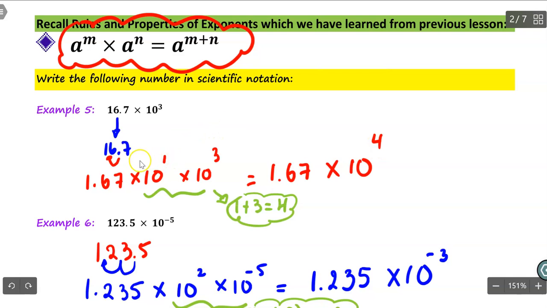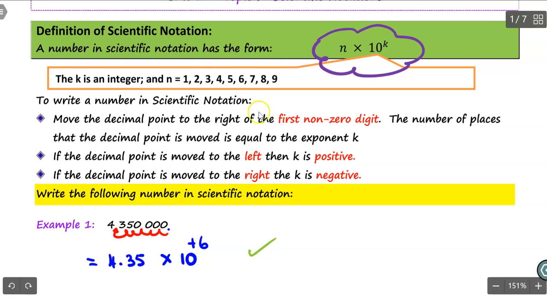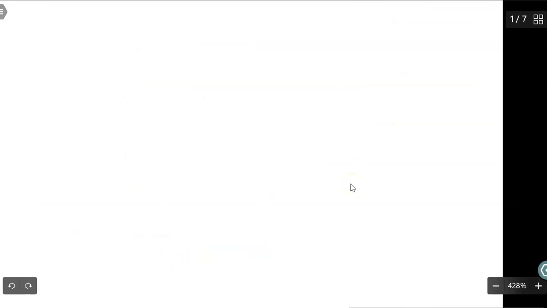It's very easy to see that I have the 10 to the exponent 3 here, so this number is in scientific notation already, but actually it's not, because scientific notation, according to the definition, has the decimal point positioned to the right of the first non-zero digit. So we have to watch for that.